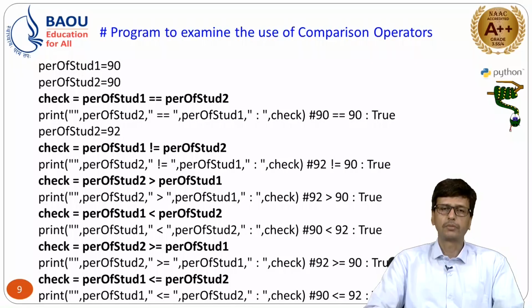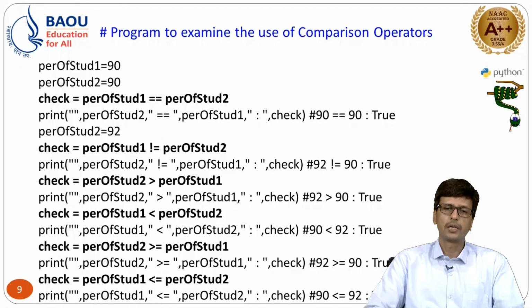Now one program that shows how to use comparison operators. Here we have two variables, one that stores the percentage of student 1, for example the value is 90, and another variable we have defined, the percentage of student 2, that is 90. Now suppose we want to compare whether both variables have the same value or not, in that case you use the operator double equal to.